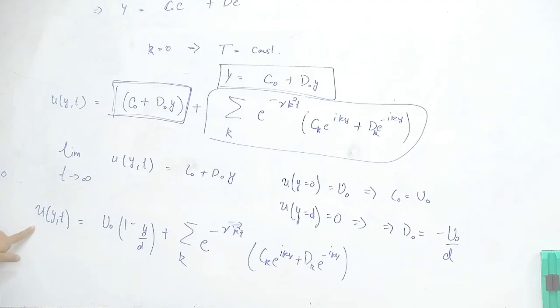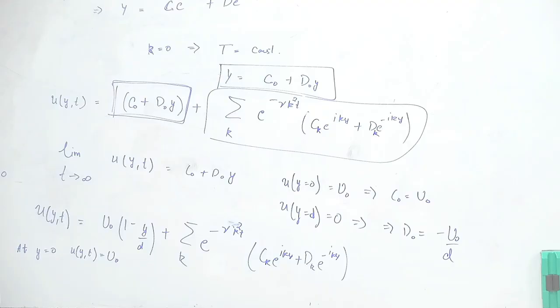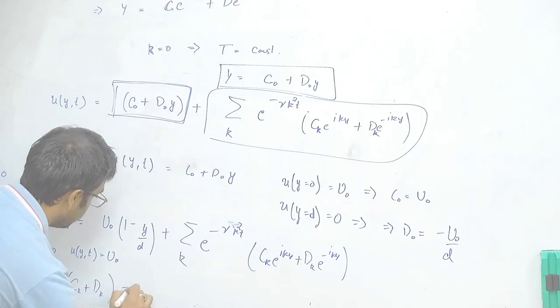So let us put y equals 0. What do we get? At y equal to 0, u of y, t should be u naught. So this means sigma k, e to the power minus nu k square t, c k plus d k should be 0.